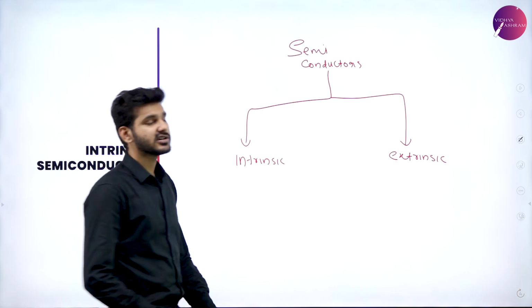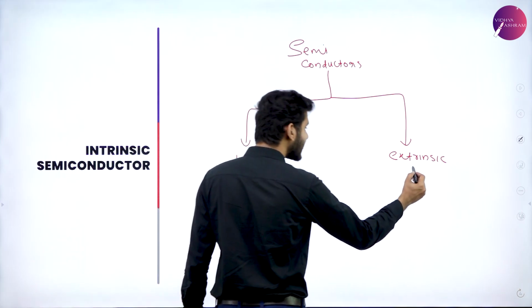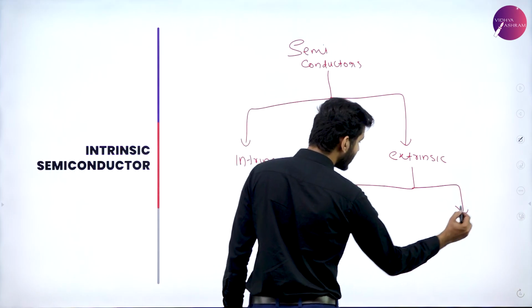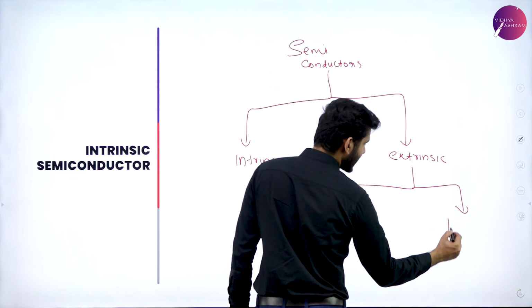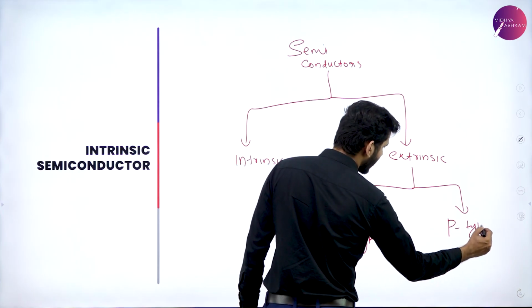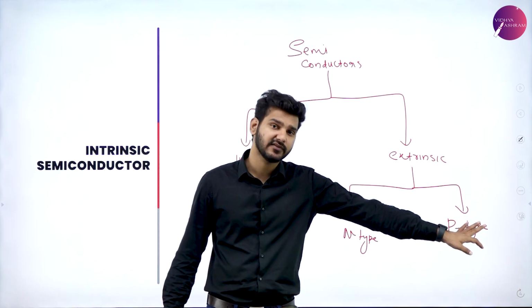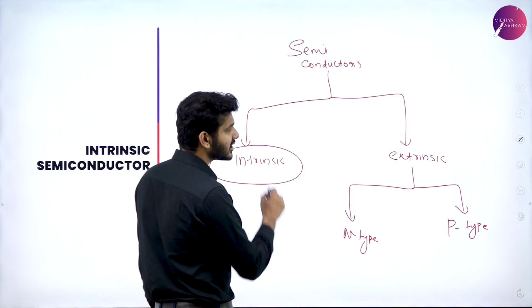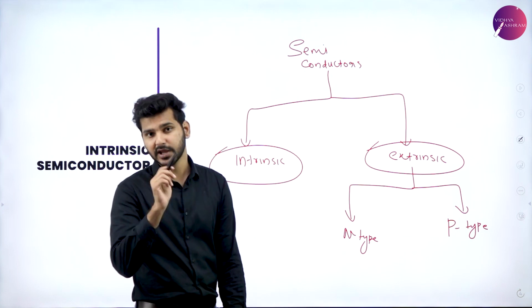And then this extrinsic semiconductor can again be classified into N-type and P-type, or we can say the negative type and the positive type. Here we are going to study what intrinsic and extrinsic semiconductors are primarily.